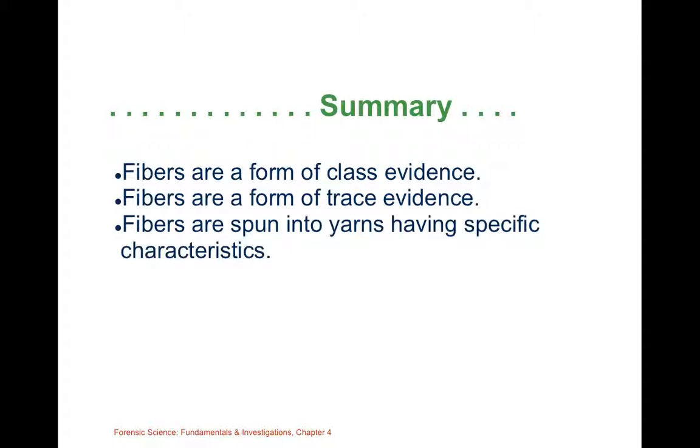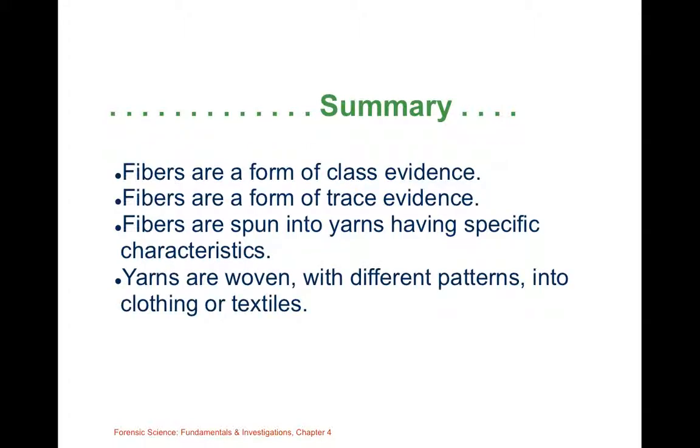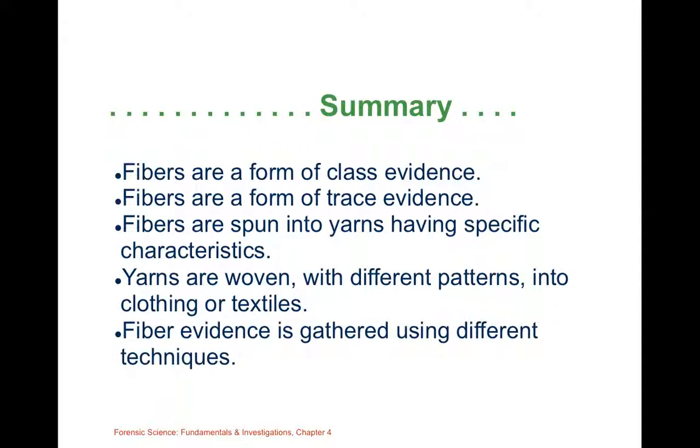Okay, we know that fibers are spun into yarns that have really specific characteristics that we can look for underneath the microscope in order to identify them. Yarns are woven with different patterns and then into clothing and textiles. Fiber evidence is gathered using different techniques, right?